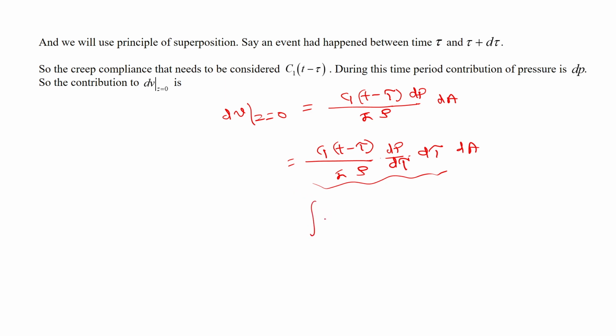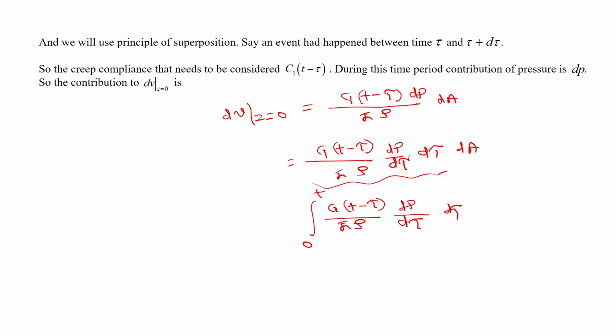So, this will look like: 1 over pi and rho, and C1 of t minus tau, and dp by d tau, and d tau, from 0 to time t. So, this integration is to be done.